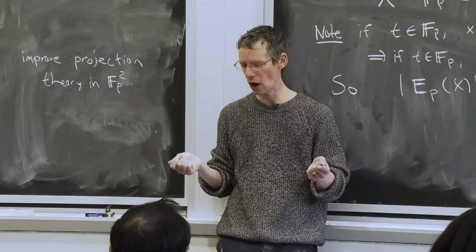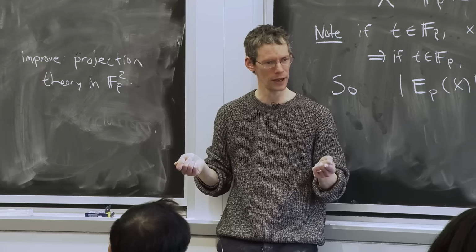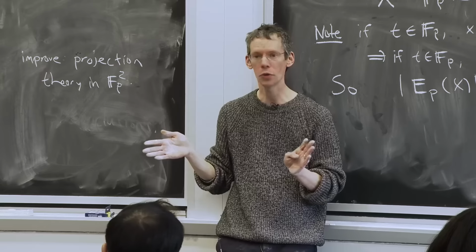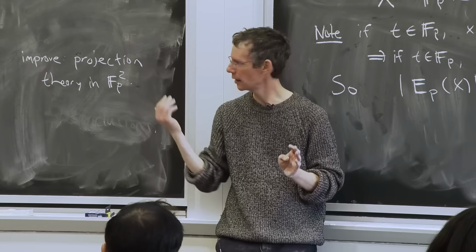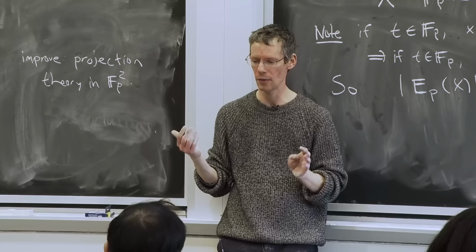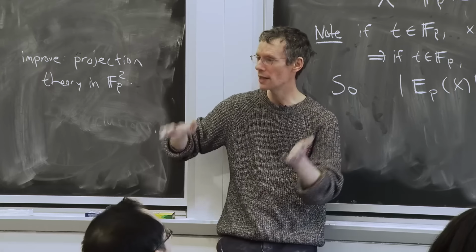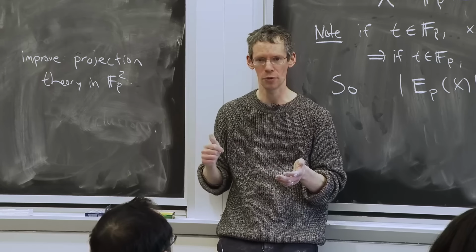But there's a line of thought that maybe we could relax what we're trying to prove a little bit. And instead of trying to prove it for every q, we could try to prove it for most of the q. And now we're in this setting where we have one fixed set, and we're looking at how it reduces mod q for many different q. And that problem is very similar to the projection theory problem.